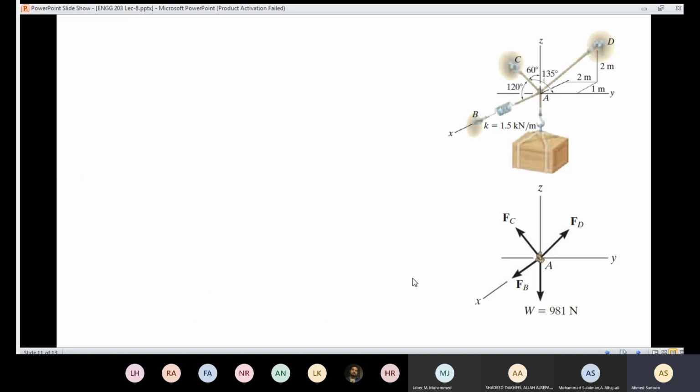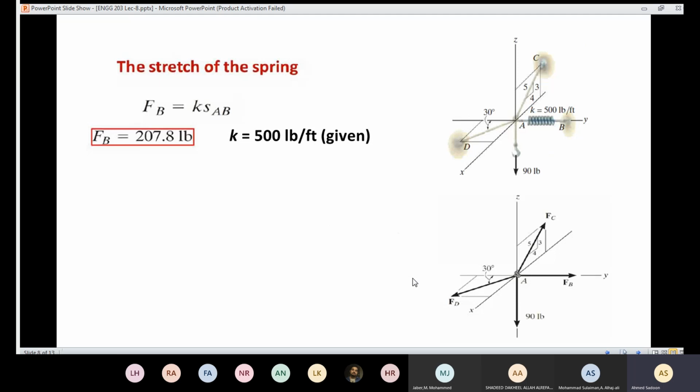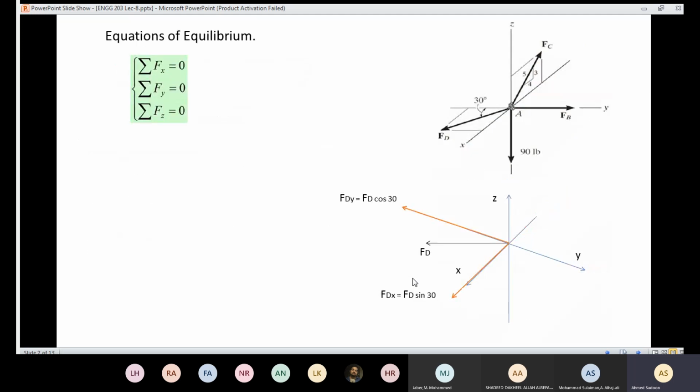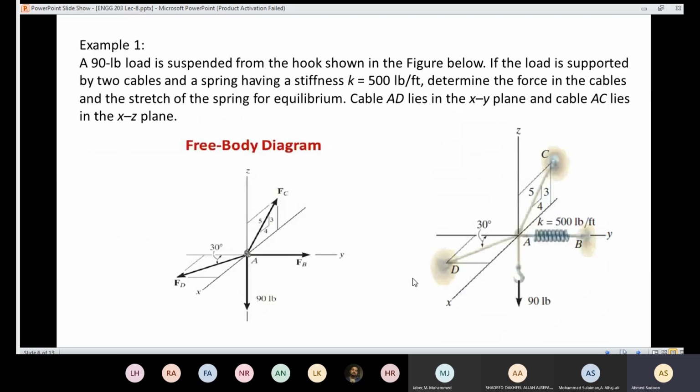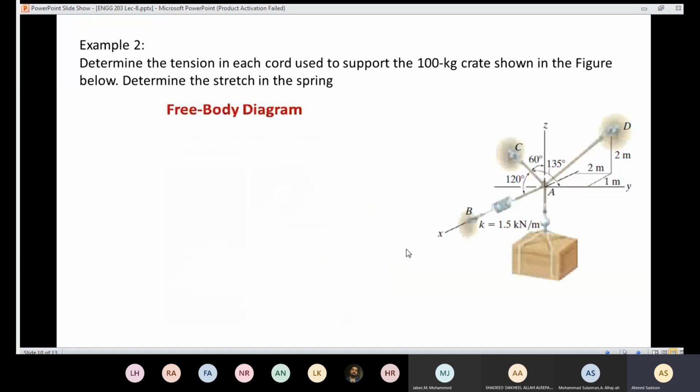So basically I have 2 strategies: either decompose the forces into x and y, if that is possible, like example number 1. And sometimes it's not easy to decompose the forces into their components. So in that case, I need to express the forces in their Cartesian form, and then I'm going to get the resultant, and then I'm going to equate the components of i to 0, and that represents the summation of Fx equals 0.